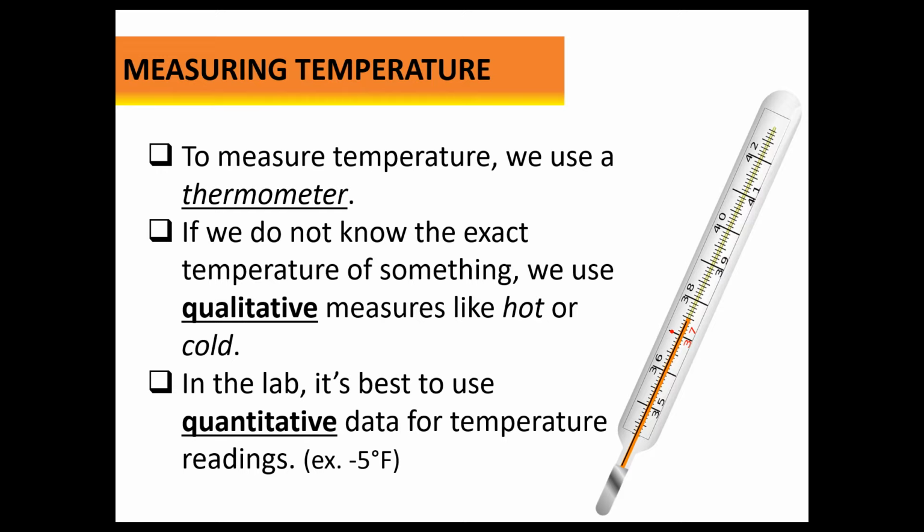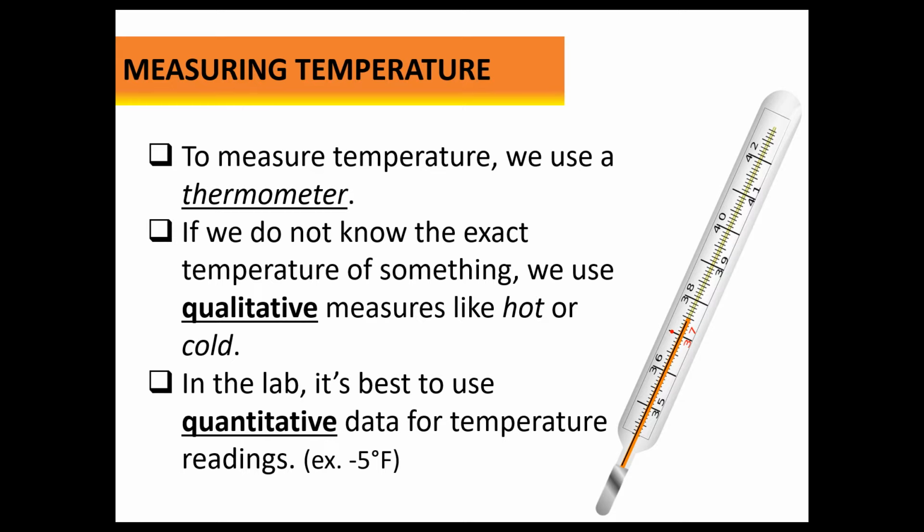Now, if we want to measure temperature, we're going to use a device called a thermometer, which may not be something new to you. But if we don't know exact temperatures, we can use something more qualitative. So qualitative measures are like descriptive terms like hot or cold. So I could say that beaker is hot, or that chunk of ice is cold.